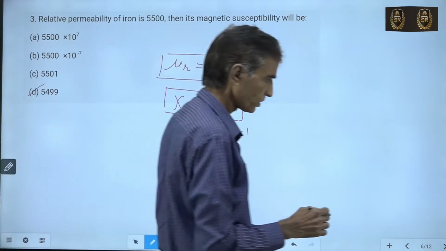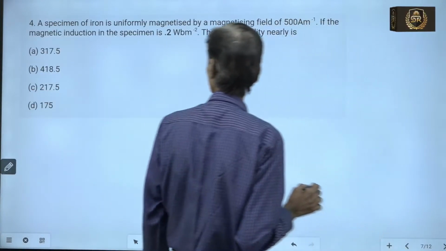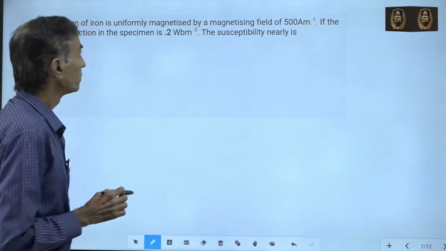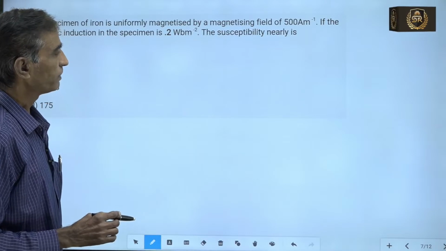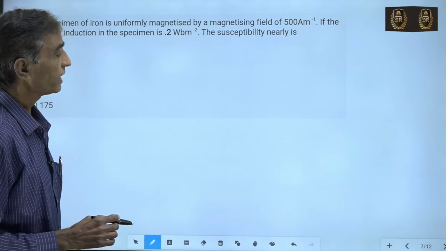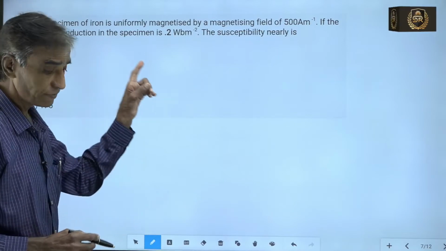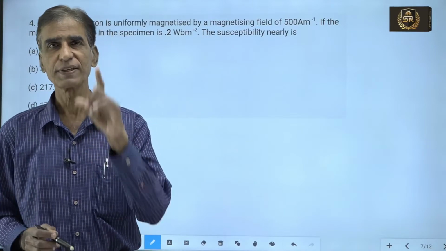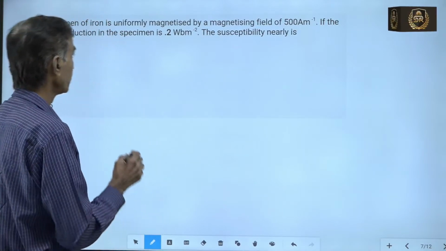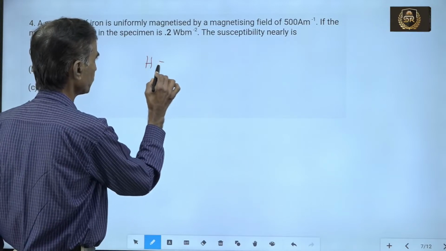So next, go to the next problem here. A specimen of iron uniformly magnetized by a magnetizing field of 500 ampere per meter. Magnetizing field, very, very important. Magnetizing field means capital H. So capital H is given, first note down.